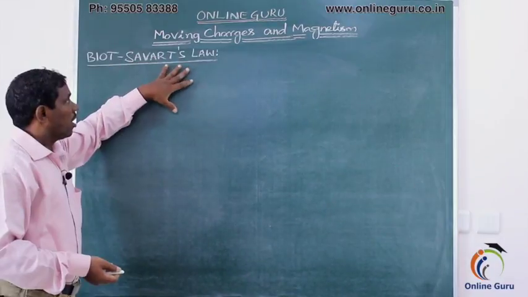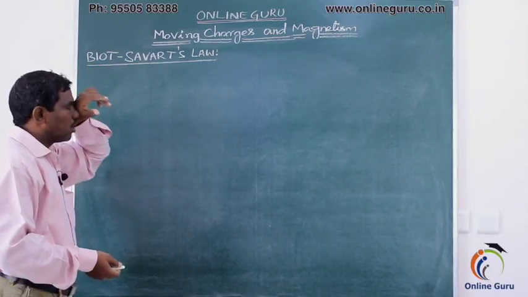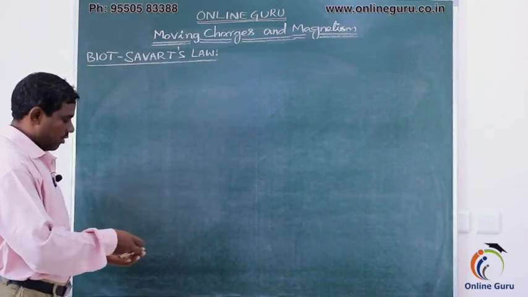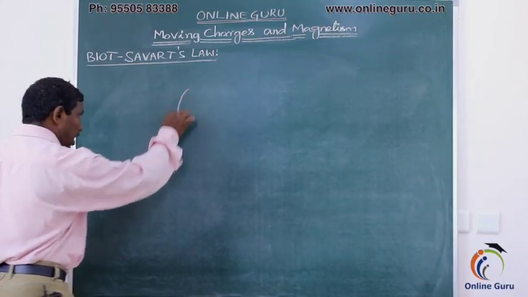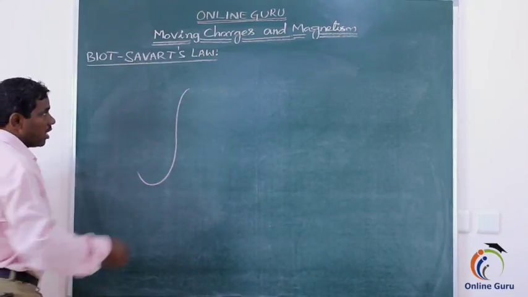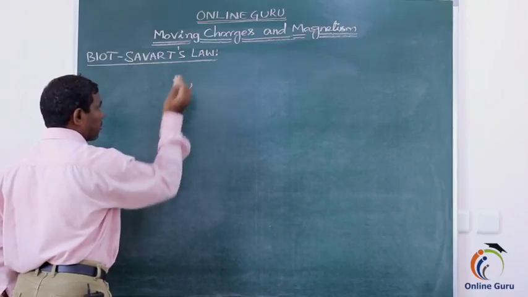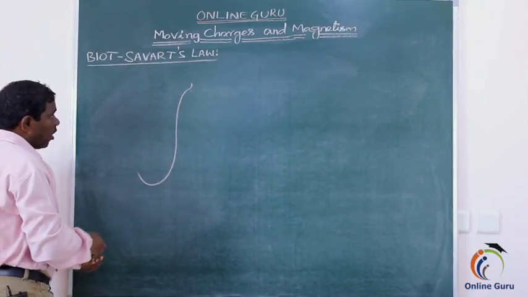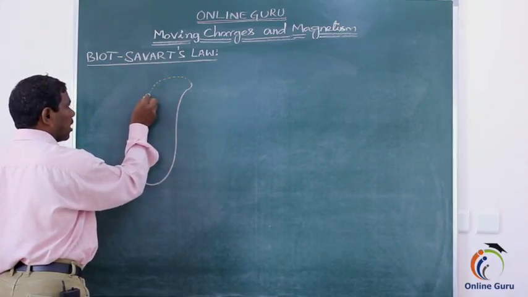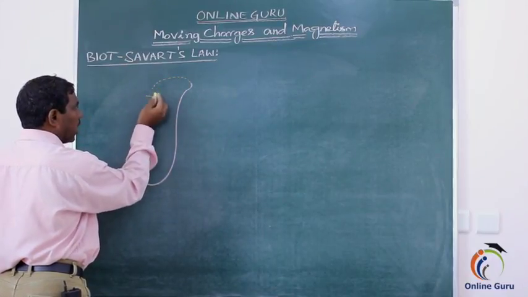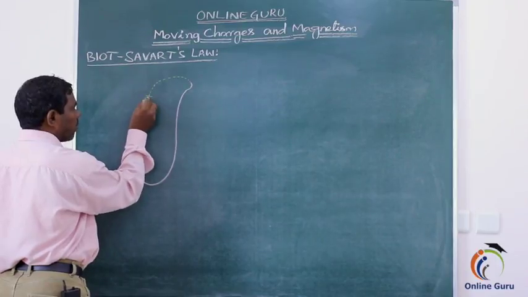Biot-Savart's law. What were the observations by both Biot and Savart? They took an infinitely long current carrying conductor. One end of this conductor is connected to the negative electrode of the battery.